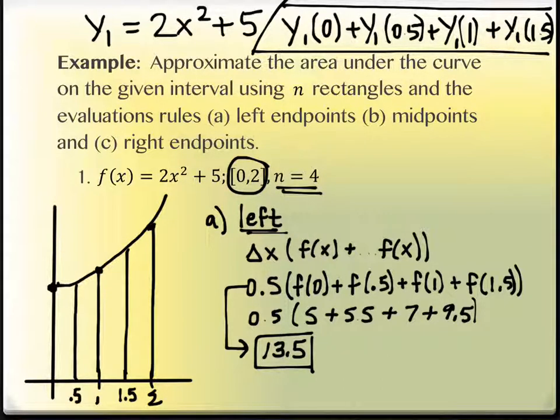So you hit VARS, then you go over to Y-VARS, then function. Do you see the Y1 now? Does everybody see the Y1 there? Hit enter. Then you can put 0 in parentheses, plus VARS, over to Y-VARS, function Y1, and you can put in 0.5.